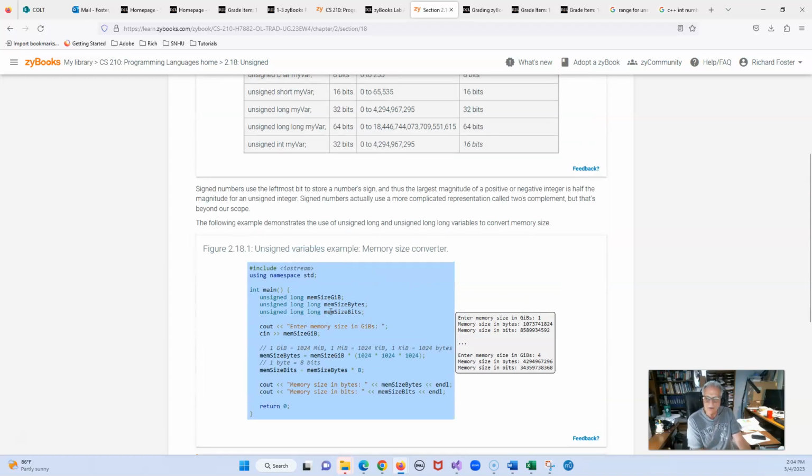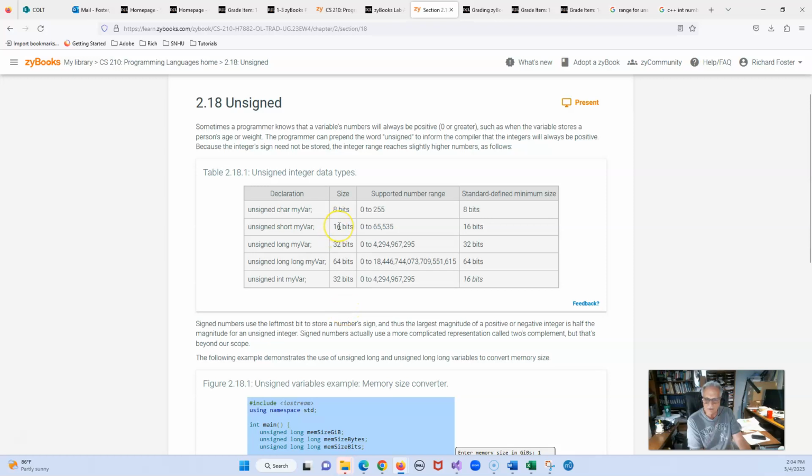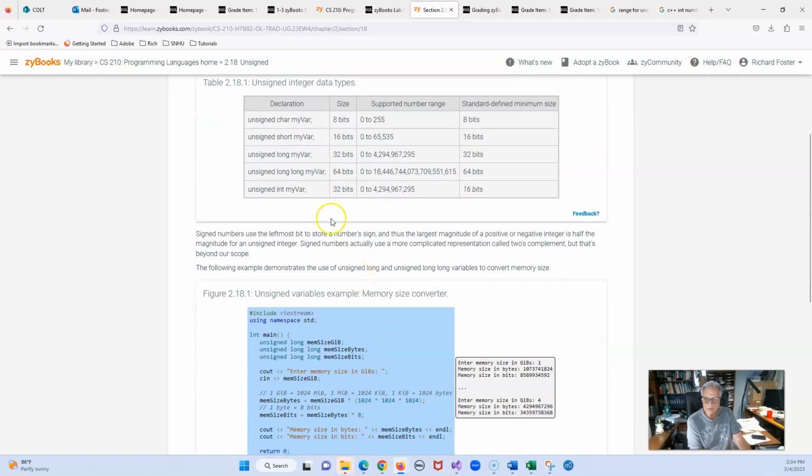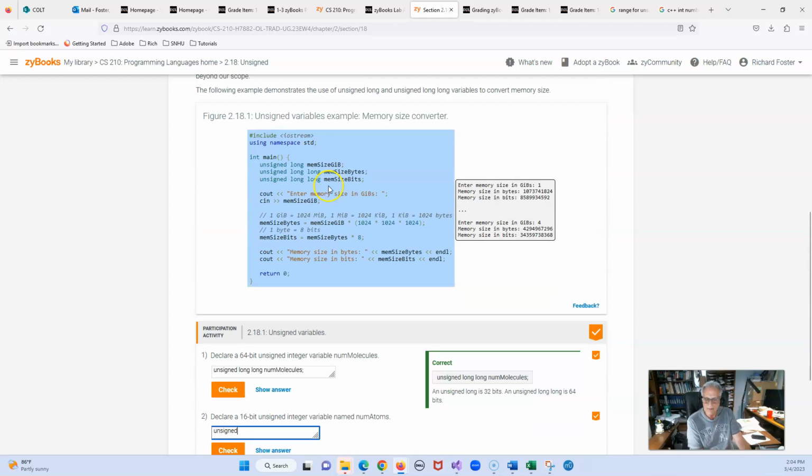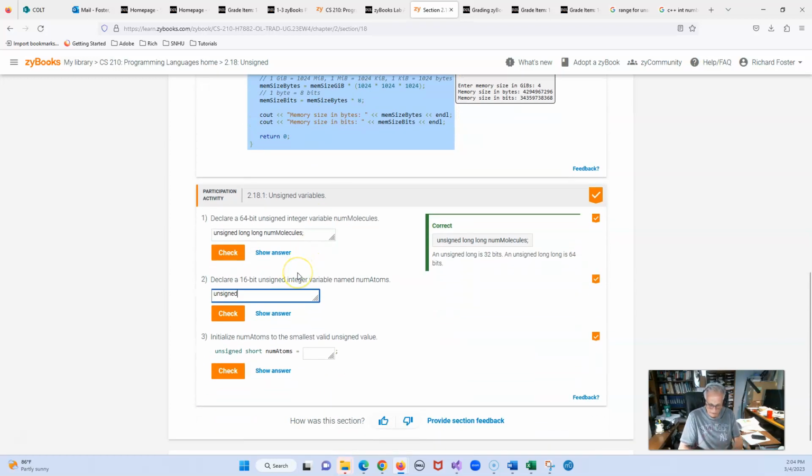Just go back, but it should be short. And here are 16 bits. So you can see this was the 64 bits that we were doing before. So we're going to do unsigned short, and we're going to do num atoms. And of course, we want the semicolon. And here we go.